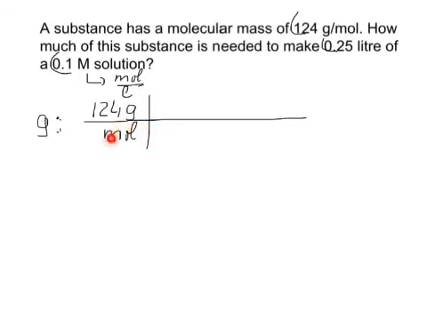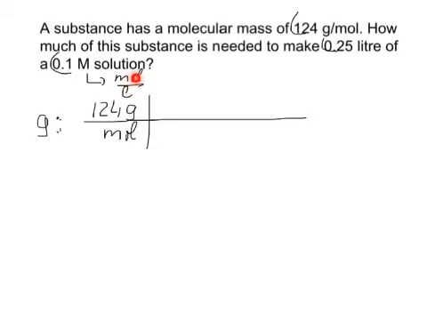We look around from our givens up here, this, this, and this, and we choose the one that contains the mole in it. The only one that contains moles in it is this 0.1 mole per liter.